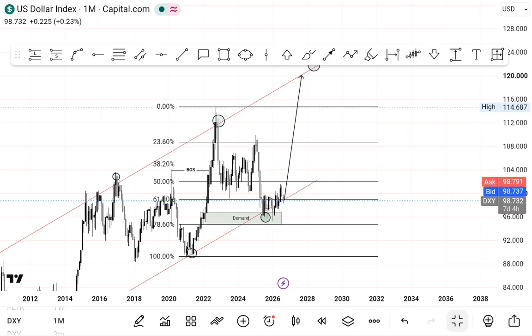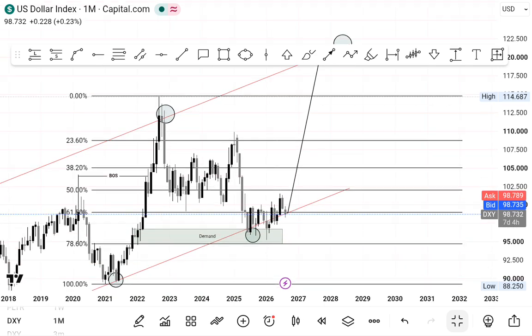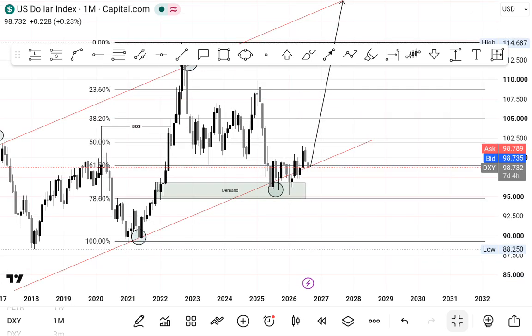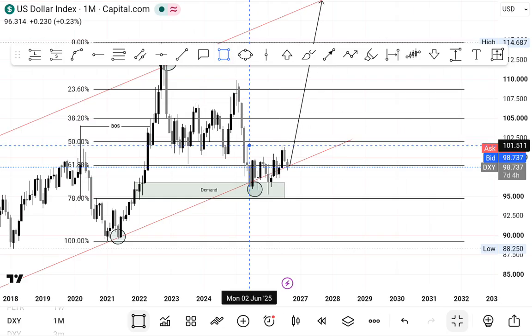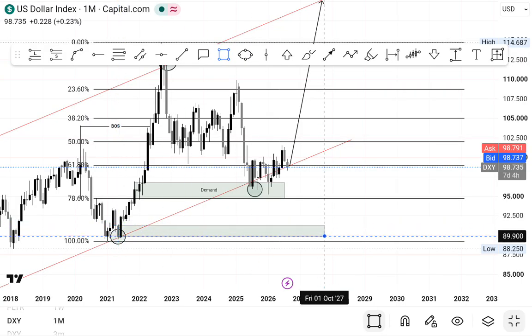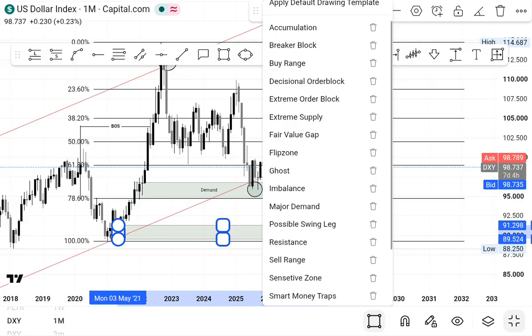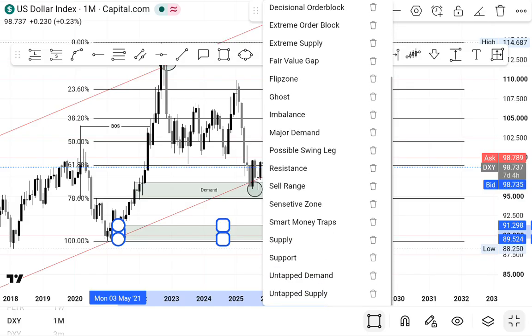Now this is a good retracement zone. Why am I saying this? Because this is discount, and we even tapped a premium leg, because if we look at the 78.6, that's a deep retracement. But we also have an untapped order block 2.0.